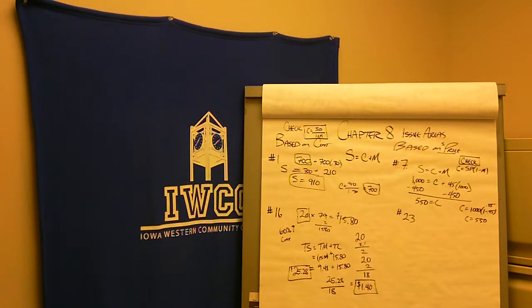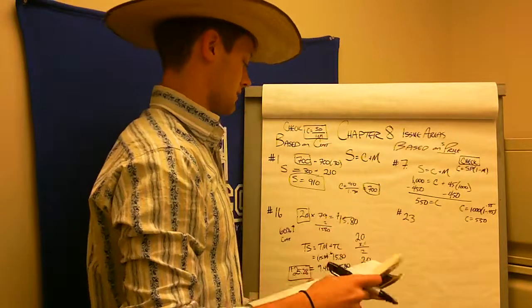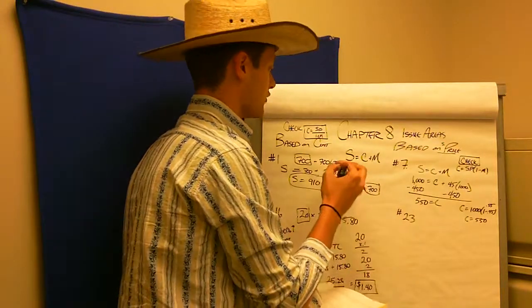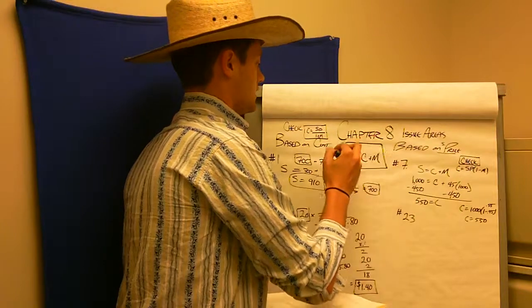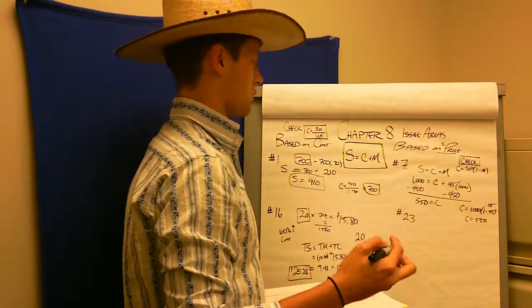Last one, we're going to do number 23. It asks for both based on selling price as well as based on cost, so we're going to do them both. We have the same formula: selling price is cost plus markup. It just depends on what we do with it, depending on what it wants.